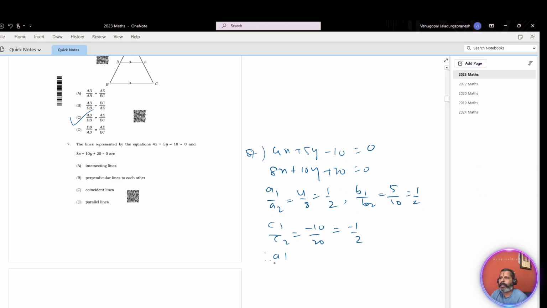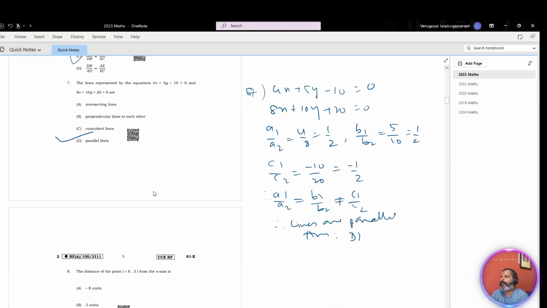So we write A1 by A2 equal to B1 by B2, not equal to C1 by C2. Therefore, lines are parallel only here. Answer D, you have to write parallel lines. You should know all 9 combinations are there based on the number of solutions, types of lines, intersecting, unique or consistent, that kind of thing.